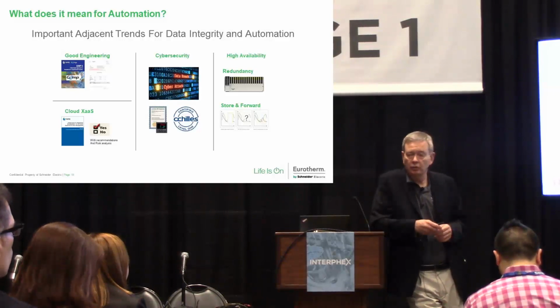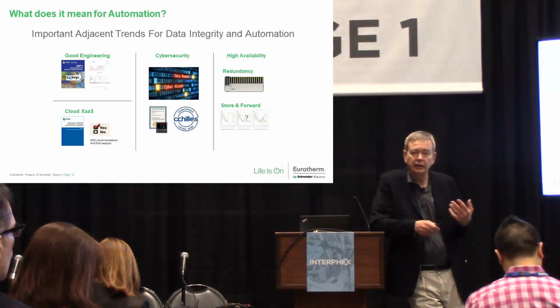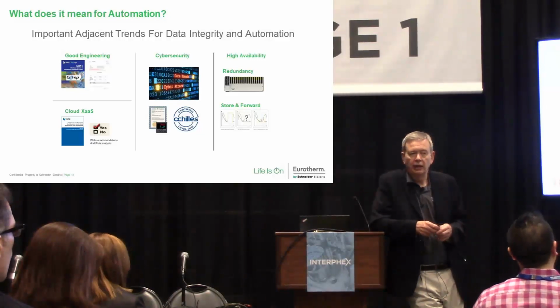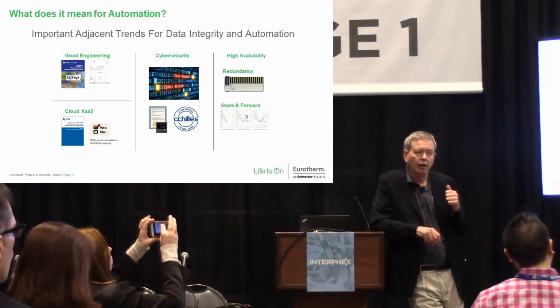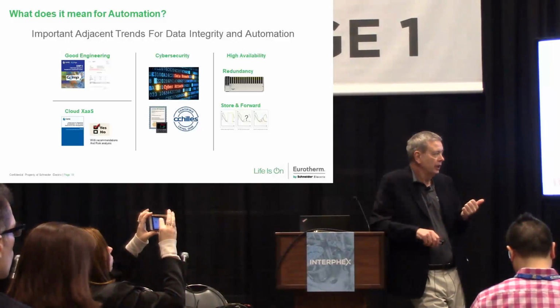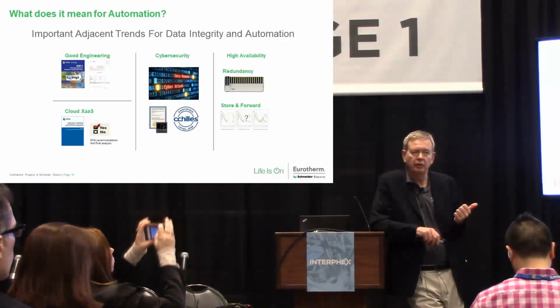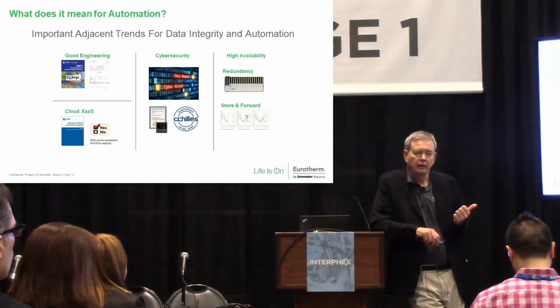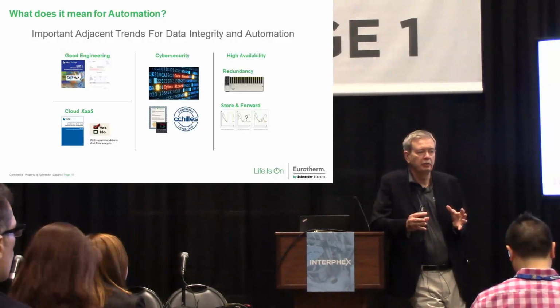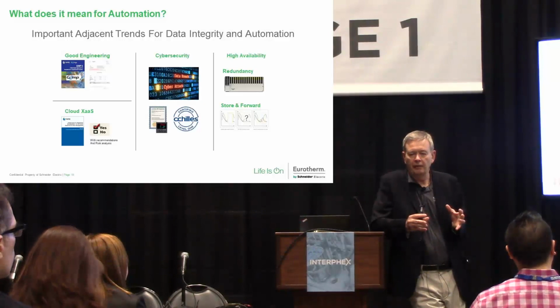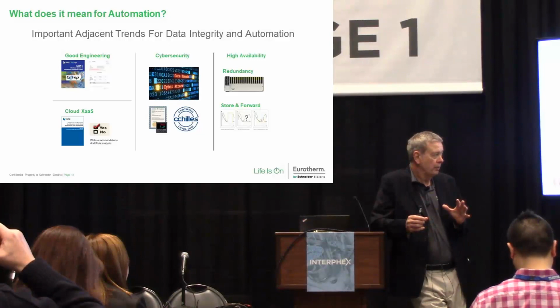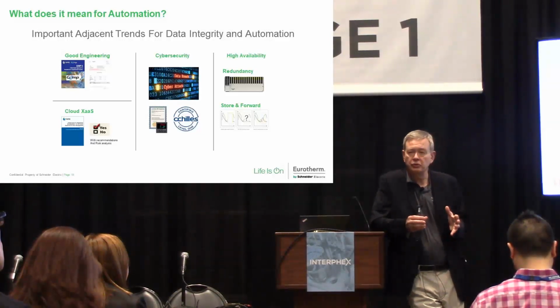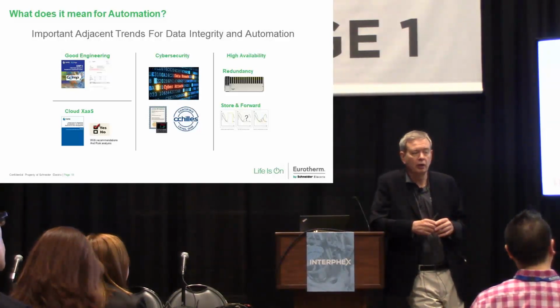The other thing that we're seeing in the marketplace quite a bit that has an impact on data integrity is the need for cybersecurity. In particular, look for automation manufacturers that are adhering to Achilles certification. I'm not sure if there are many other certifications out there that look at instrumentation's ability to meet a high cybersecurity standard, but Achilles is one that my business is using, and I know several of my competitors are using as well.